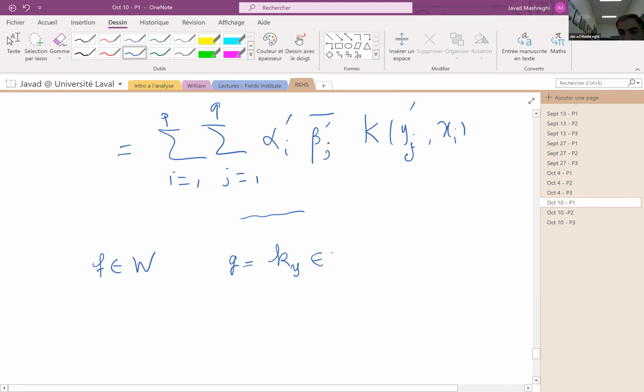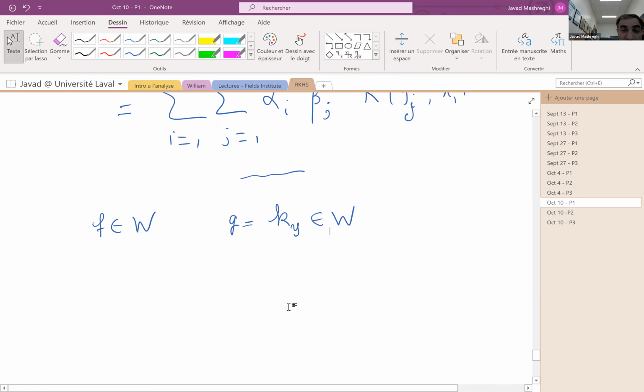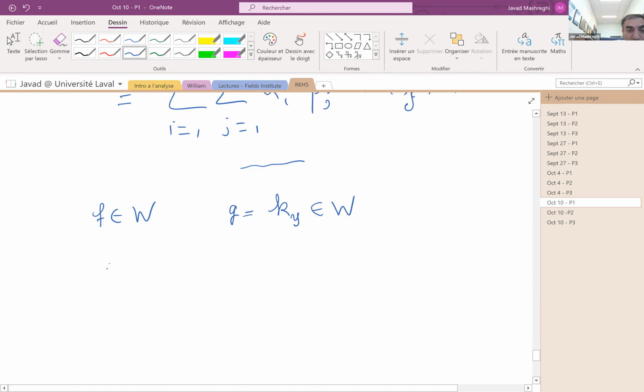This is an element of W too. With the definition we gave, and you see why we gave this definition, what is the inner product of f and k_y in W?